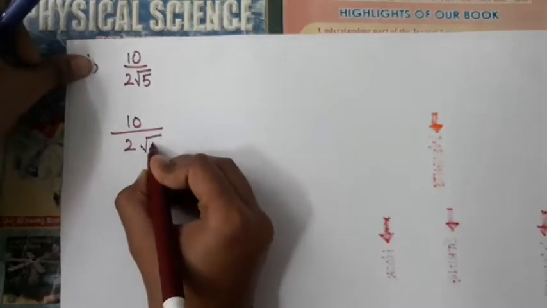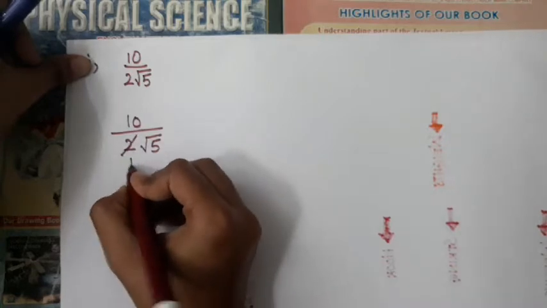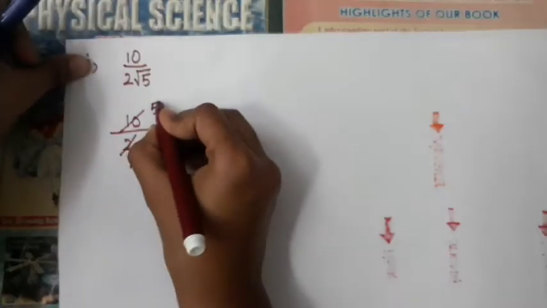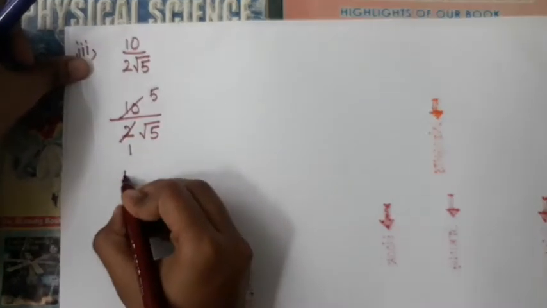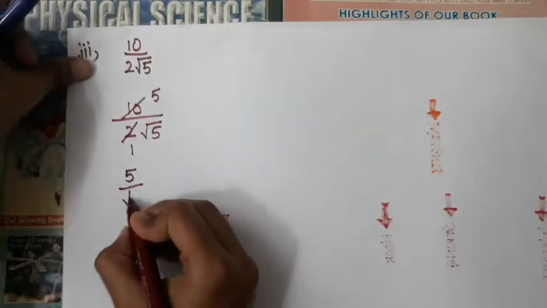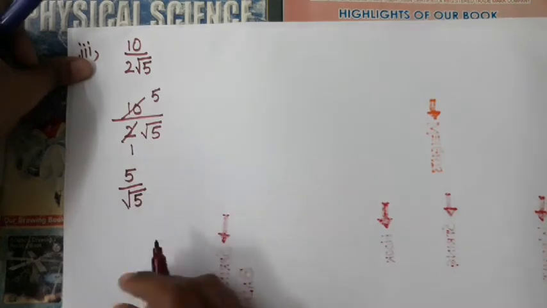Now see here, I'll write the same number, 10 by 2 root 5. Now we can cancel: 2 ones are 2, 2 5s are 10. Now 5 by root 5.